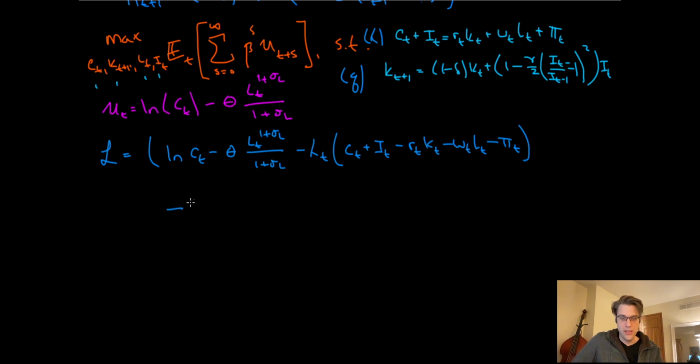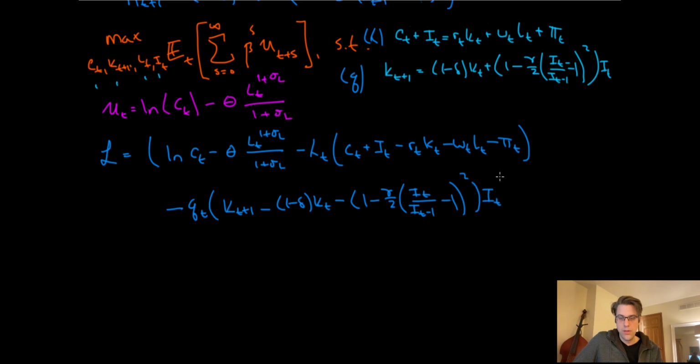So again, we're going to have minus q_t times (k_t+1 minus (1 minus delta) k_t minus (1 minus gamma over 2 times (i_t over i_t-1 minus 1) squared) i_t). Okay, so that was our first one. Remember, this is an infinite sum, so we need to write down one of these for every s. So all of this is associated with s equals 0.